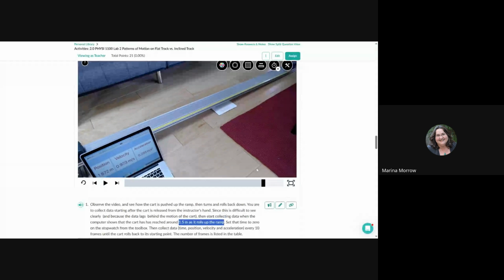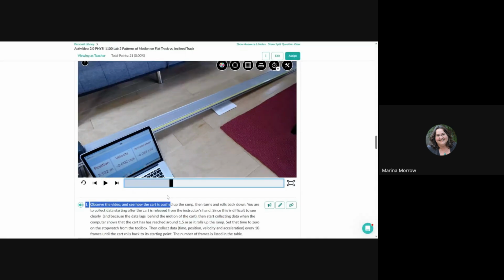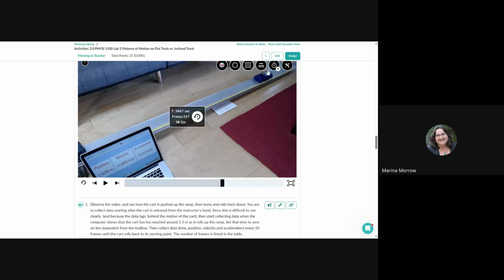Okay, so again, move your slide bar until your position is 1.5 meters. It takes a while. There it is. Okay, so around there is where you want to start gathering data. And so again, bring out your clock, set that to 0 for the 1.5 meters.